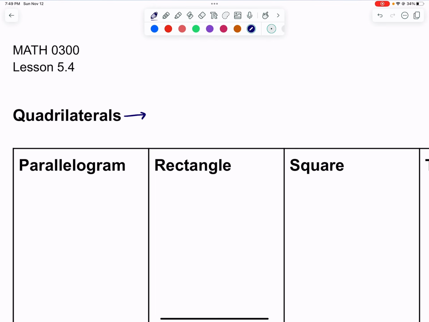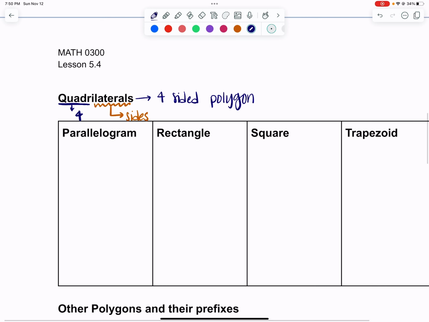So the name quite literally tells you what it is. It is a four-sided polygon. That means all of the rules for polygons still apply. These are still closed figures. They still have straight sides, and they only intersect at their corners, at their vertexes or vertices.